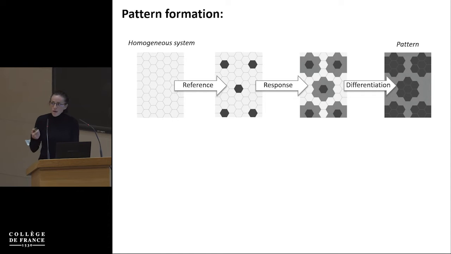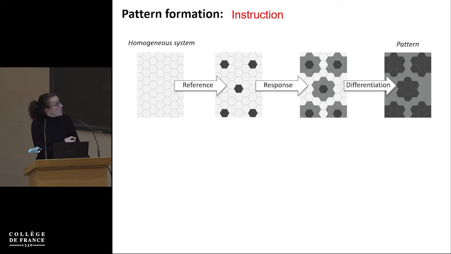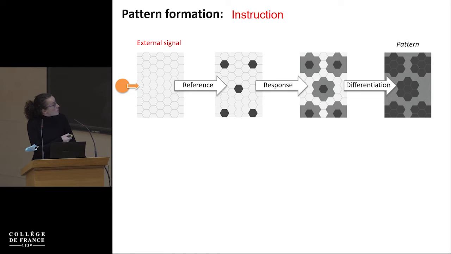And there are two main mechanisms that have been described to explain pattern formation, which we've actually heard about today in several talks. The first one is called instruction. In this case, positional information is provided by an external signal, so there is a source external to the developing tissue that will create a gradient of information.